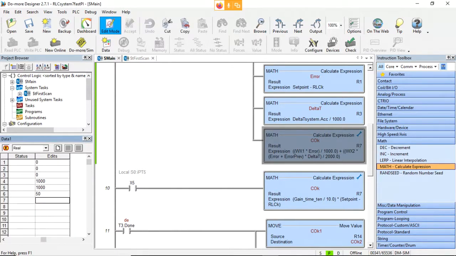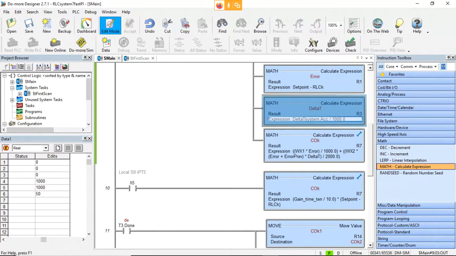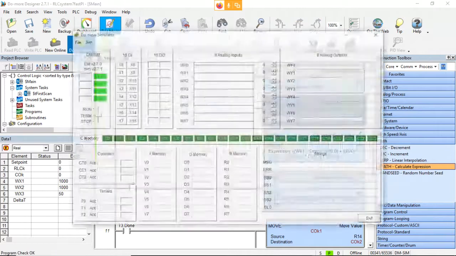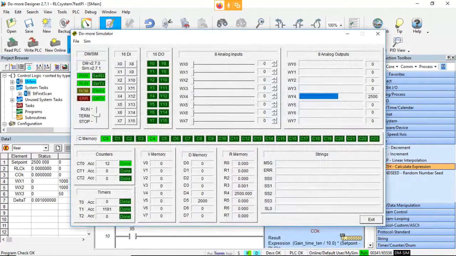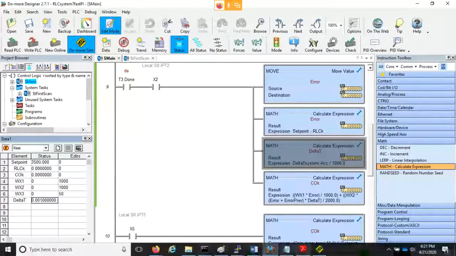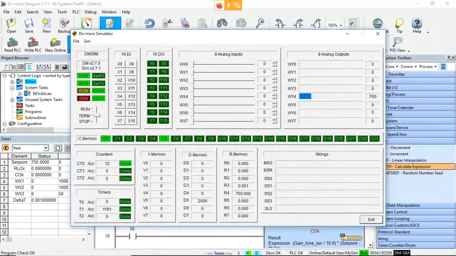Okay, and this delta t, did I divide? I think no, I did divide that. Let's see what that value is. Okay, delta t is 0.05.